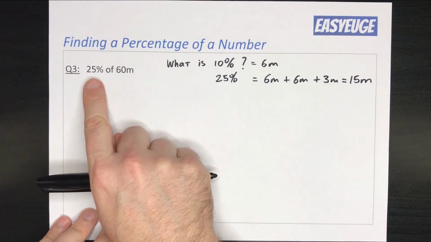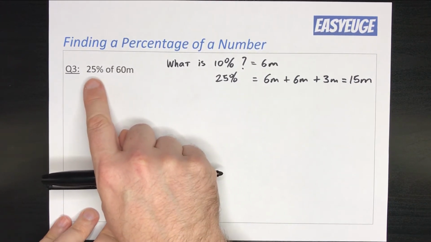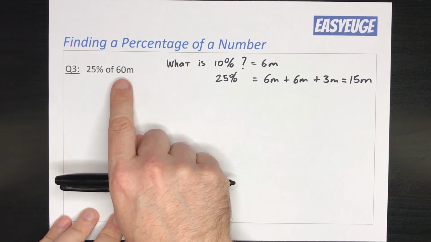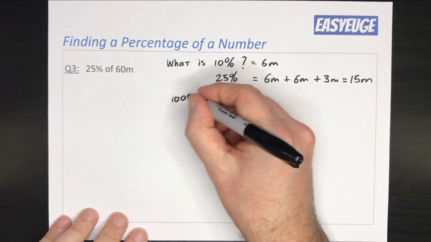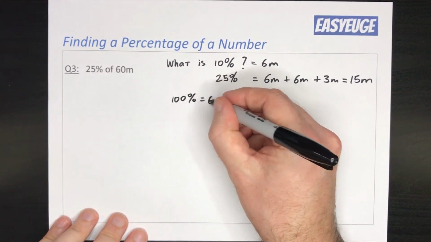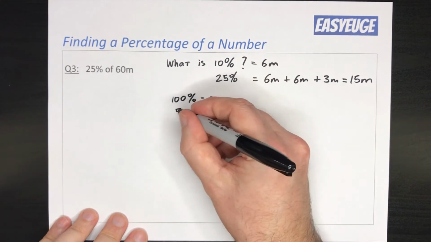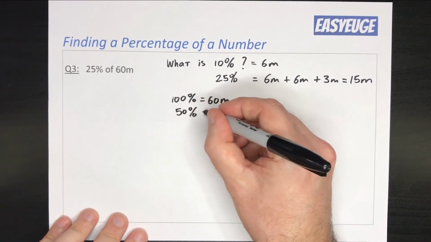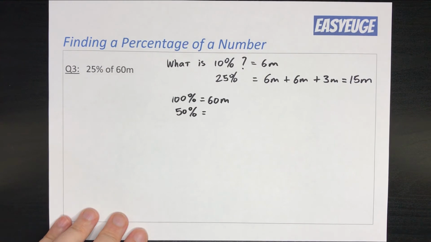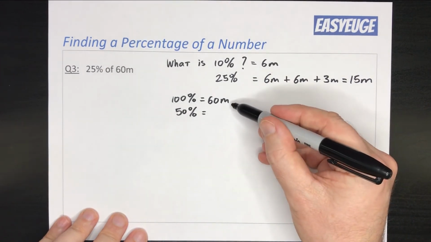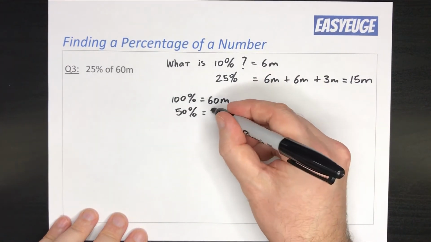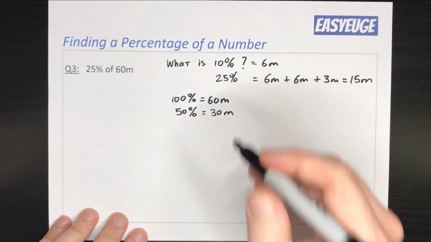25 is divisible into 100. So 100% of 60 meters is 60 meters. What would 50% be? What would half of that be? So that would be 60 meters divided by 2. So 50% actually is 30 meters.